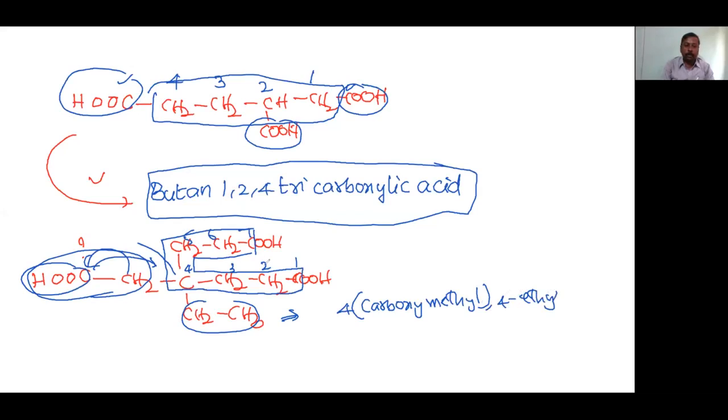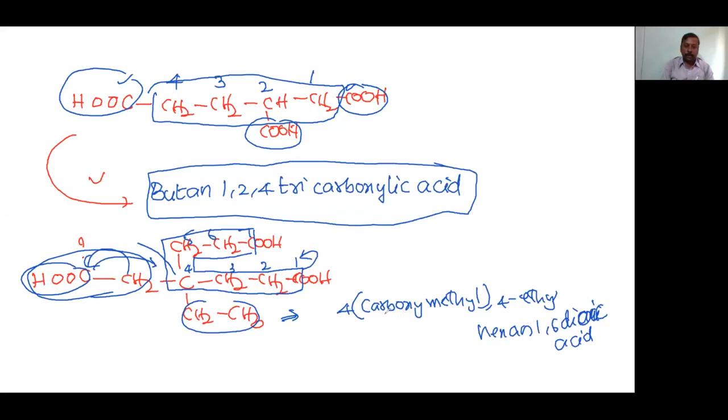4-ethyl. Okay, total 6 carbon atoms are there, so hexane 1,6-dioic acid. Now we are using dioic acid because that carbon we have counted here. So here this COOH is already counted. So 4-carboxymethyl 4-ethyl hexane 1,6-dioic acid.